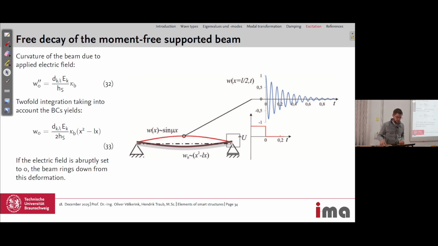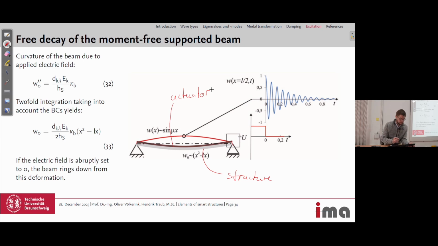So now combining it with smart structures again, we could have a beam with an actuator applied on the whole surface. So this would be the structure of the beam, and here we have an actuator.